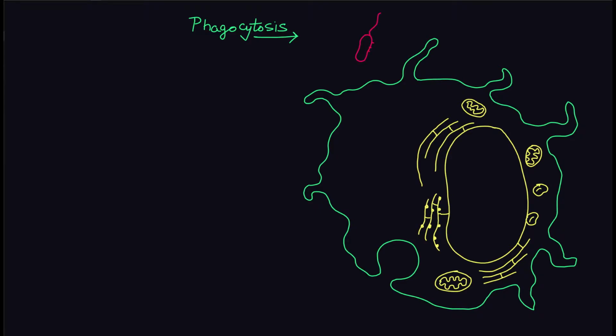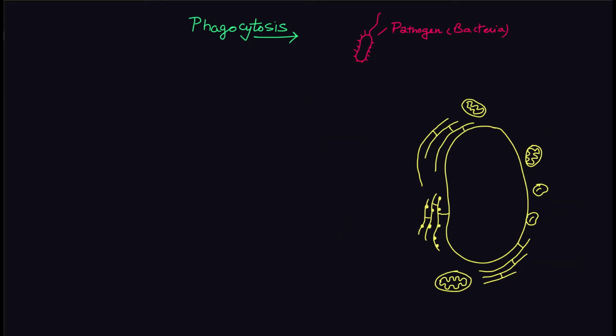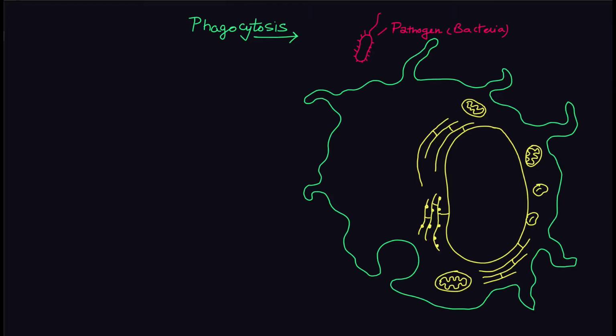Right now you can see in red, I'm designing the bacterial cell. This is considered as a pathogen, specifically bacterial cell. So what's going to happen, this bacterial cell is going to be sensed by the phagocyte using various receptors that we already discussed in our previous videos.